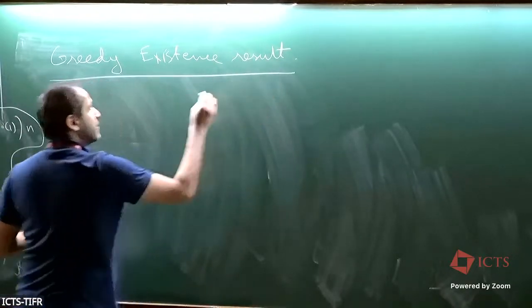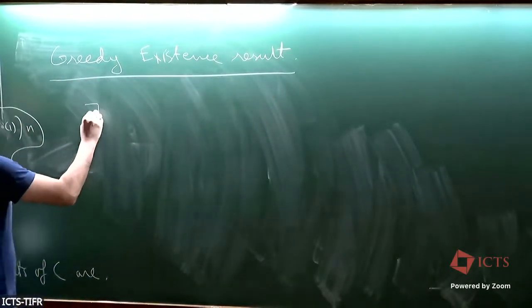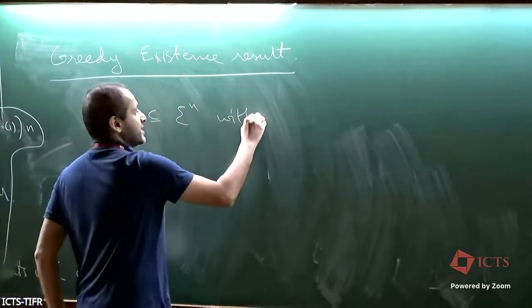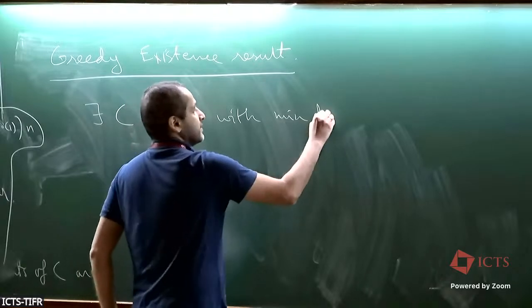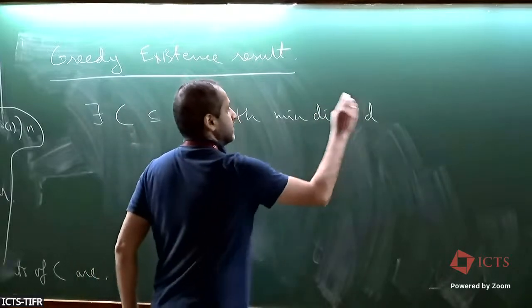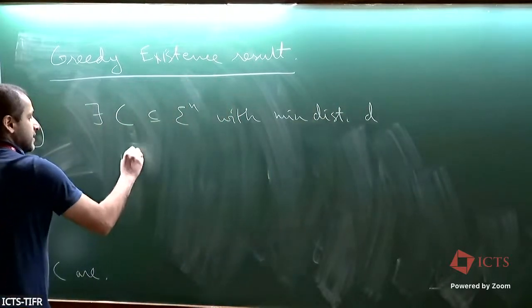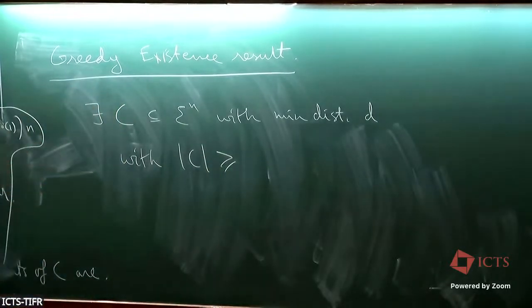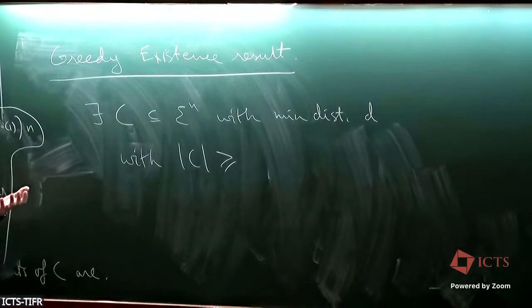There exists a code in sigma to the n with minimum distance d, with the size of the code at least something. So that's what this bound is going to be. What is the greedy procedure? It is: take a point, put it in your code.